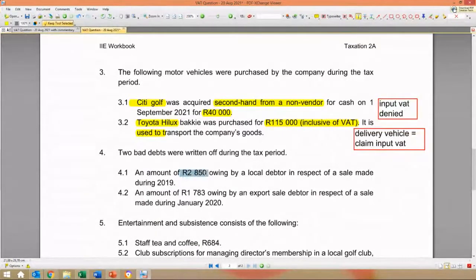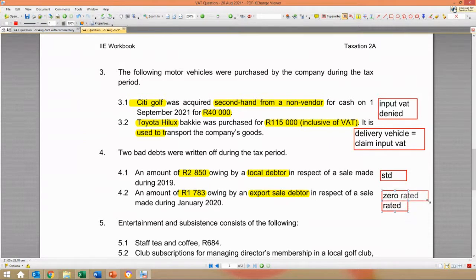So the first one is 2,850 to a local debtor. Okay, so that is standard rated. And then 1,783 to an export sales debtor. Okay, so that means the first one is a standard rated supply and the second one is a zero rated supply.